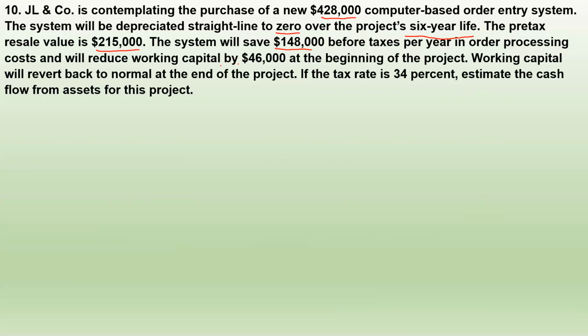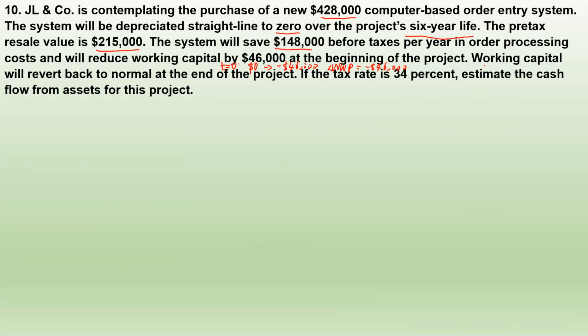So at T equal to 0, at the beginning, it will reduce the net working capital by 46,000 US dollars. So we can think it becomes from 0 to negative 46,000. So the change in net working capital at T equal to 0 actually is negative 46,000.